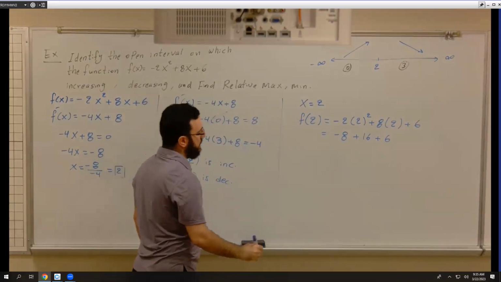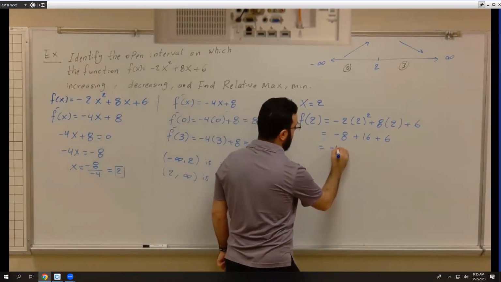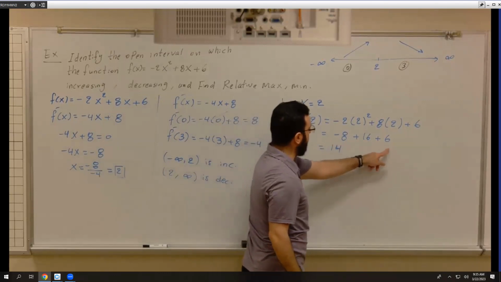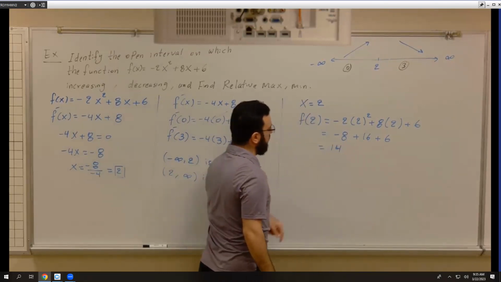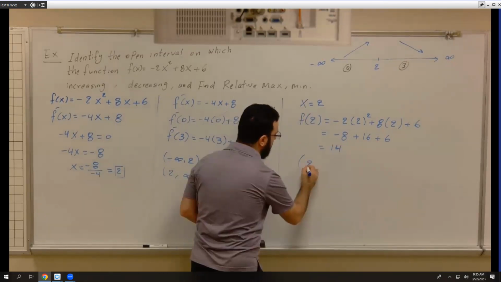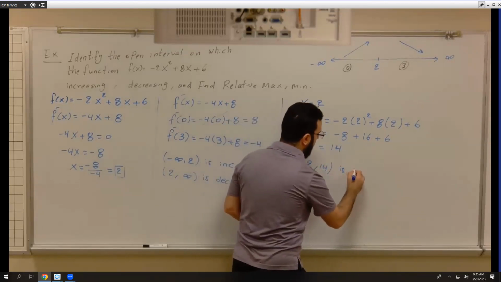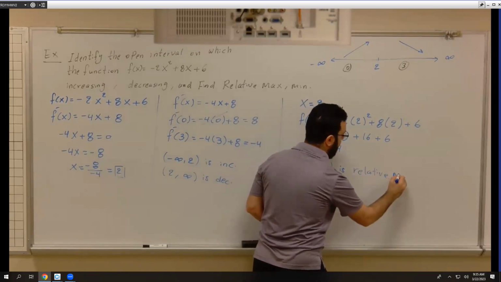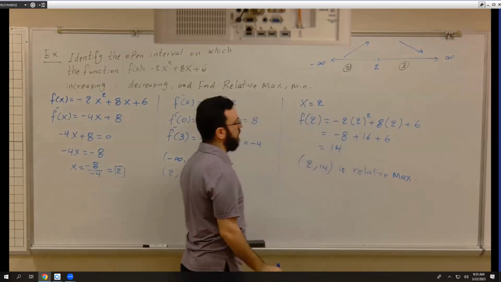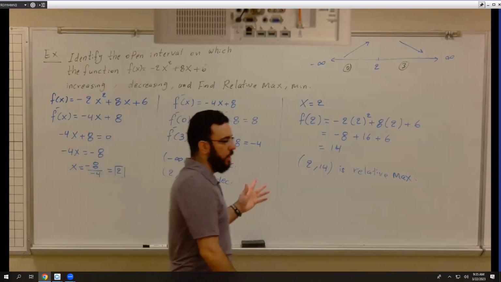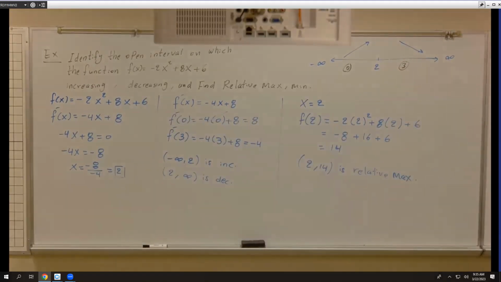So the result is 14. That means the point is 2 and 14, a relative max. We have only 1 point because we have only 1 critical number.